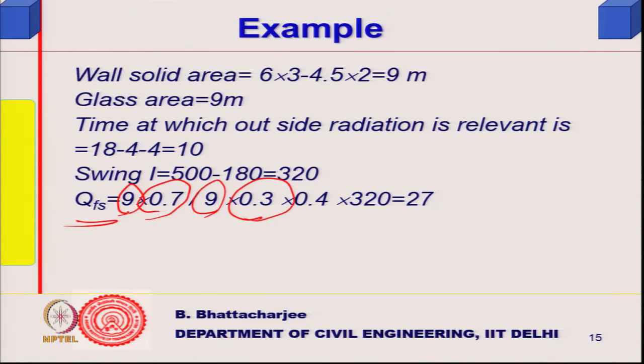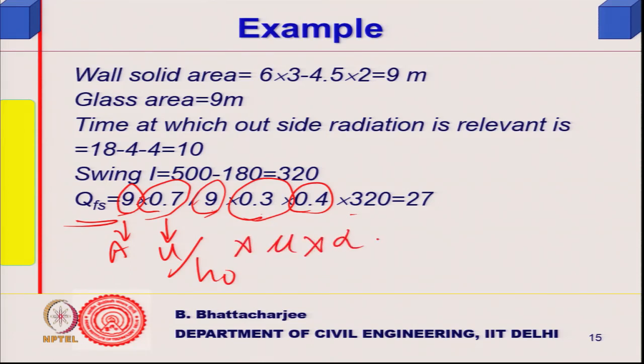So, this is area, this is U, divided by H naught, multiplied by mu, multiplied by alpha into I swing, that is equal to 27.